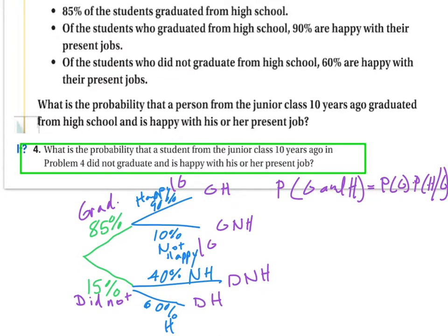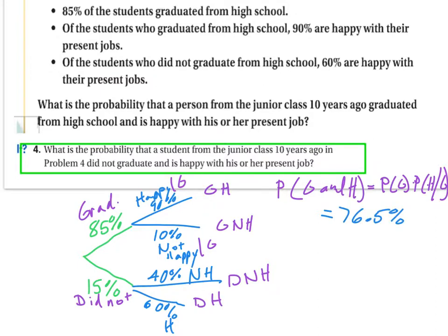So graduated and happy would be the product of 85% and 90%. The tree diagram really makes that clear: you just multiply those consecutive values along that branch together in order to get to the end of that branch. And so we just figure out that percentage. So 85% multiplied by 90%, and we get 76.5%.